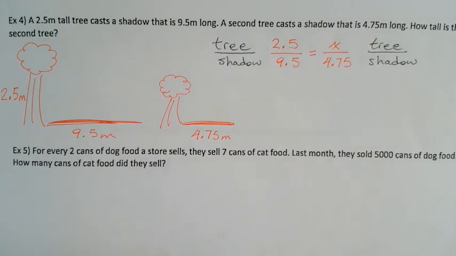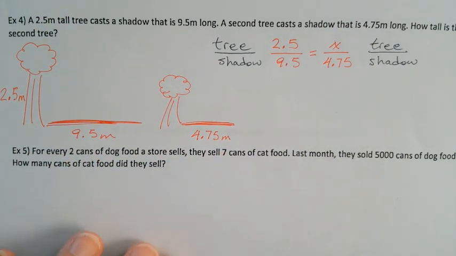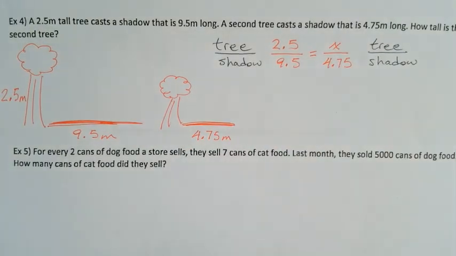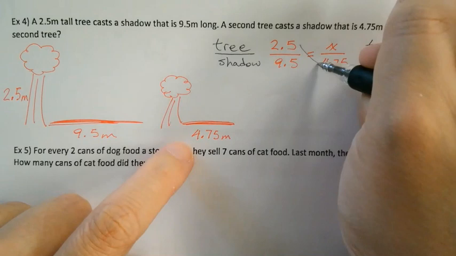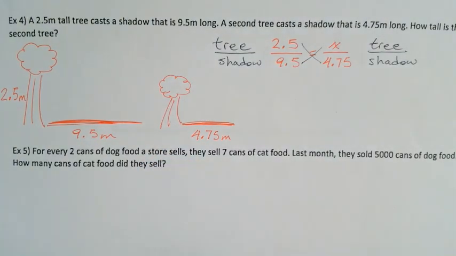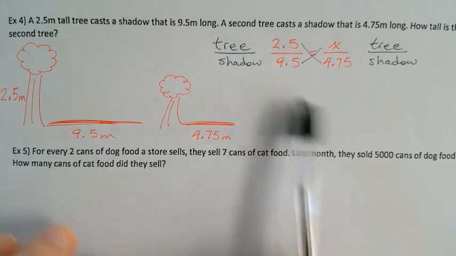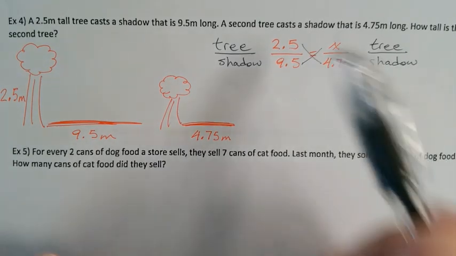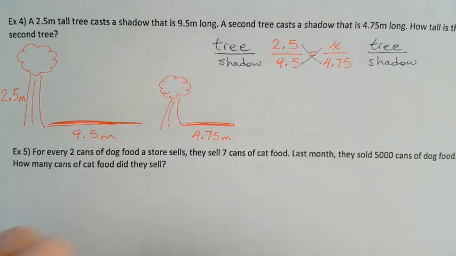This is the method I teach my grade 10s also. Whenever you have a fraction equal to another fraction, you can cross multiply and divide. You can get the same answer using the method that we did in examples 1, 2, 3, but I want to introduce you to another method as well, and then you guys decide which method you like. So cross multiply and then divide.